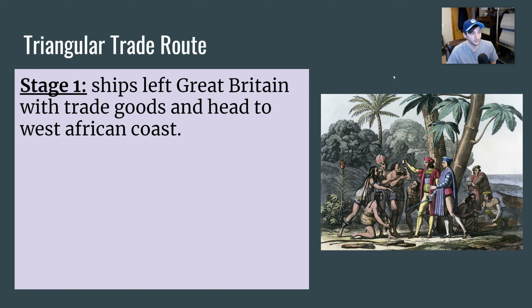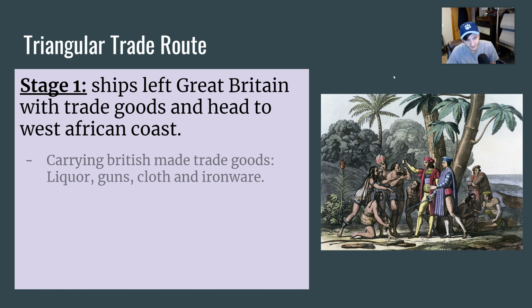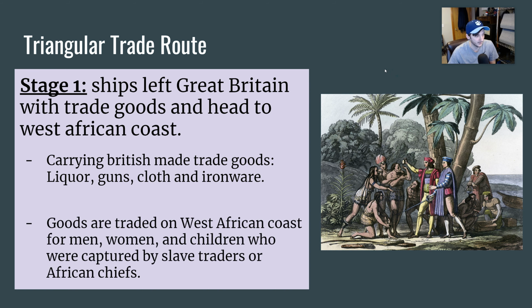Stage one, ships left Great Britain with trade goods and they head to the West African coast. They're carrying British-made trade goods, so liquor, guns, cloth, and ironware, and these are highly sought after in the West African coast. So goods are traded, and it's traded for men, women, children who are captured by slave traders. So these are not the Europeans running amok trying to capture African peoples.